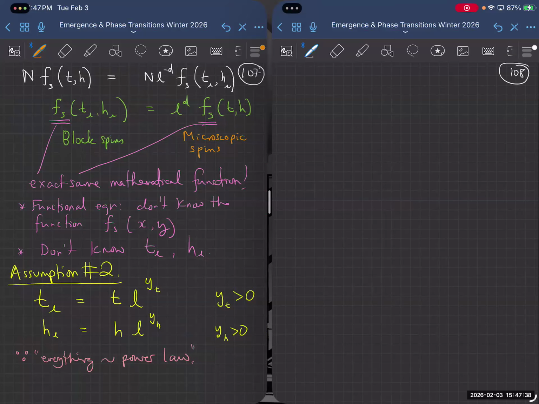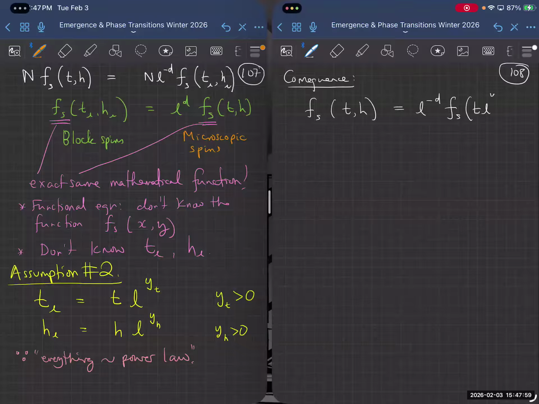If we make this assumption, then the consequence is that our equation for the singular part of the free energy now has this form. It goes as L to the minus D, Fs of T L to the power y sub T, h L to the power y sub H. It has that functional form, and not any function will satisfy this equation.